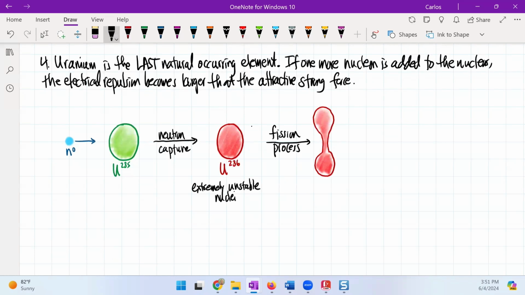Some of the protons are here and some of the protons are over here, and these guys just start at super high speeds.